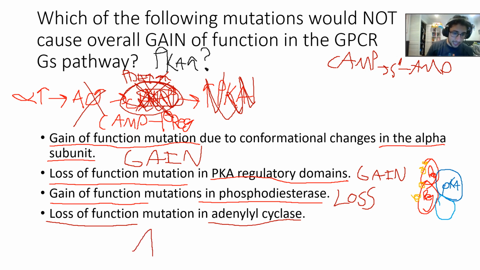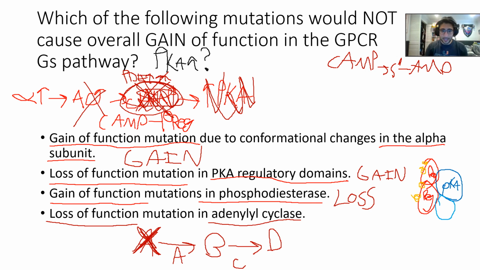Because what that says is enzyme A will cause the production of B, and then enzyme C causes the production of D. So let me actually make this enzyme A, and we'll call this X, which represents ATP. You can get buildup of B through one of two ways.